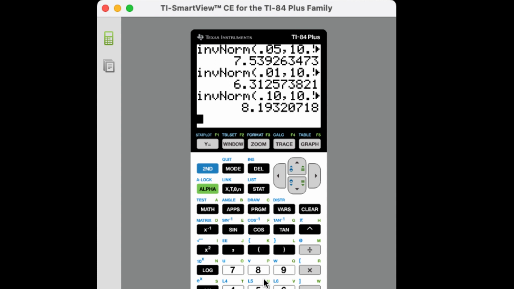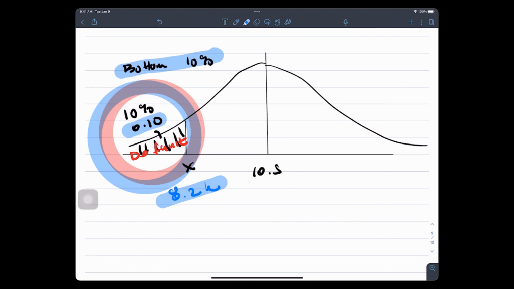Isn't that 8.2 hours as well? There it is.